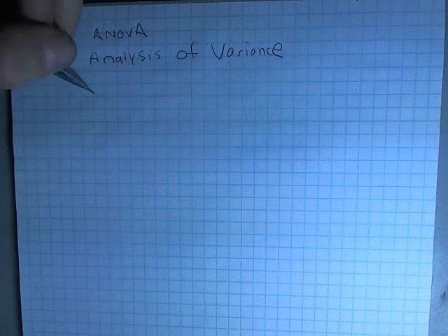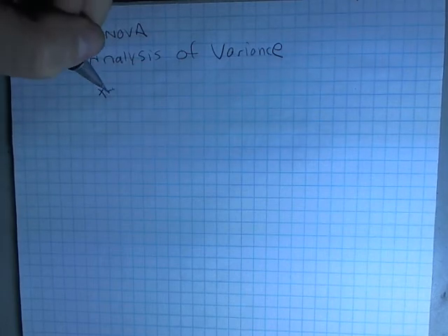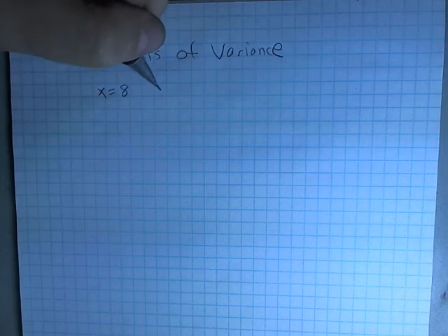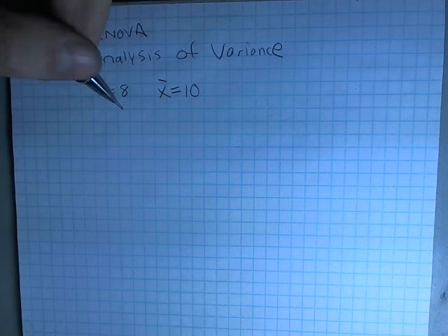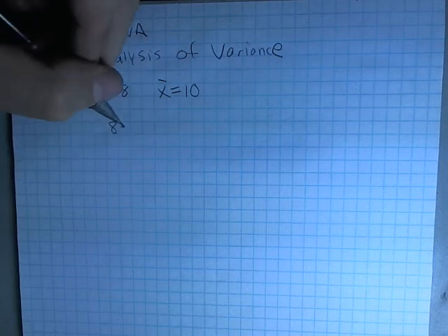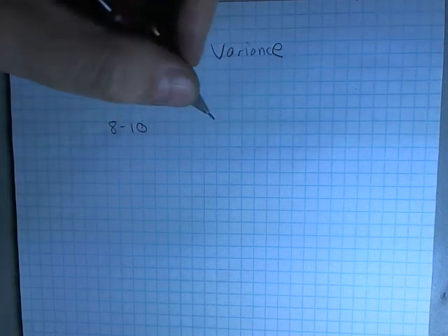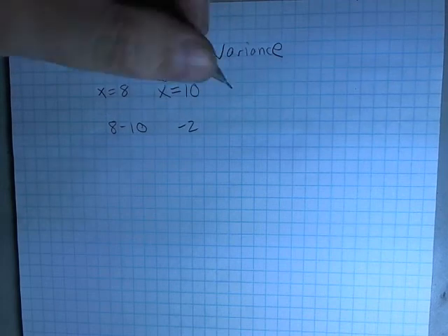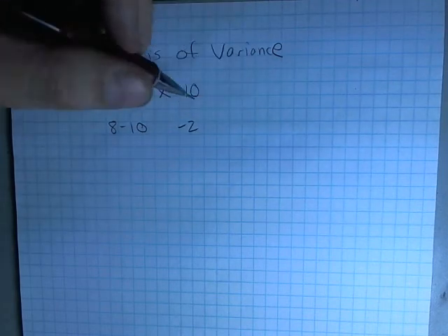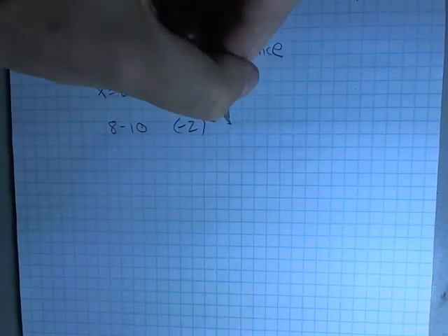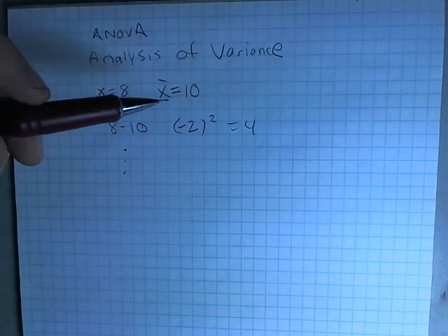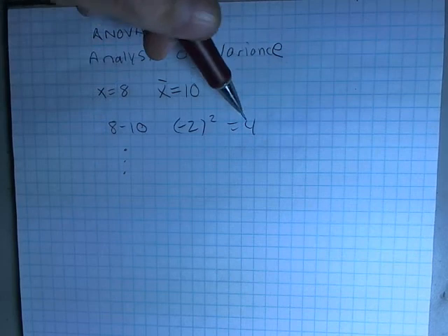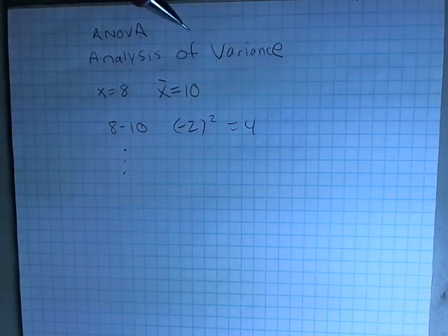If I have a data value equal to 8 and I know the sample mean is 10, the deviation there would be 8 minus 10, or negative 2, and if I square that and add it up with all the other individual squared deviations in the data set, that gives me a sum of variance, the value of variance.